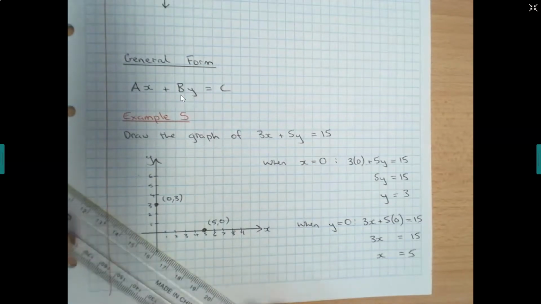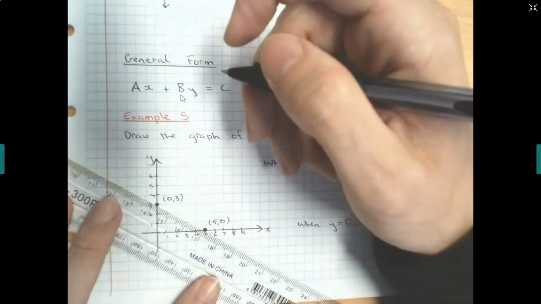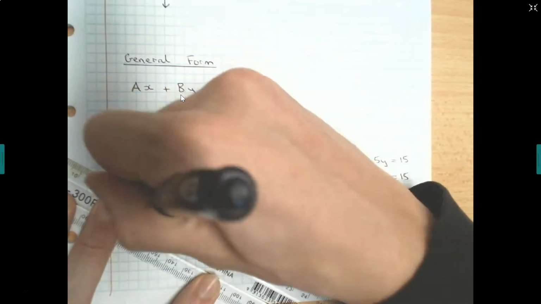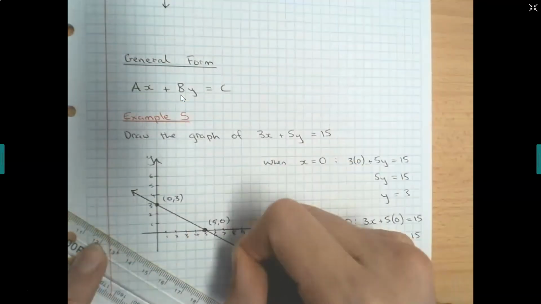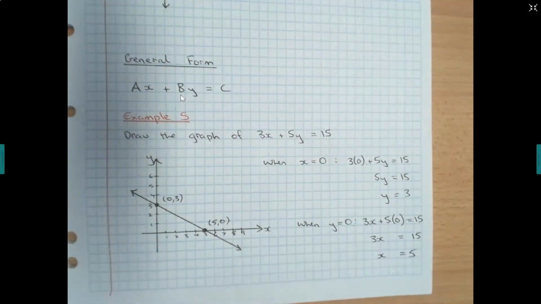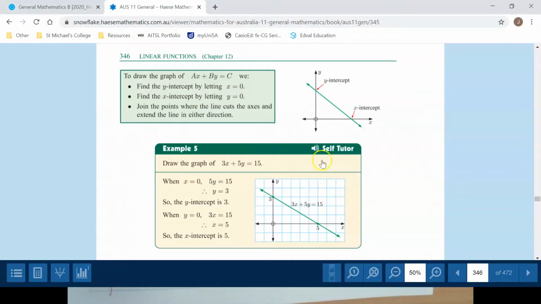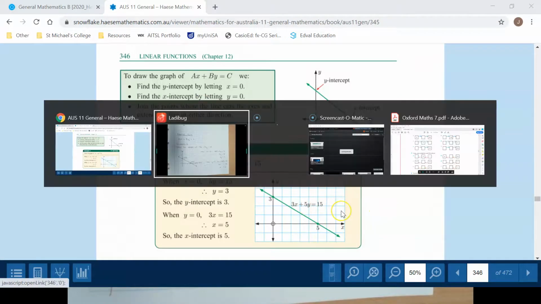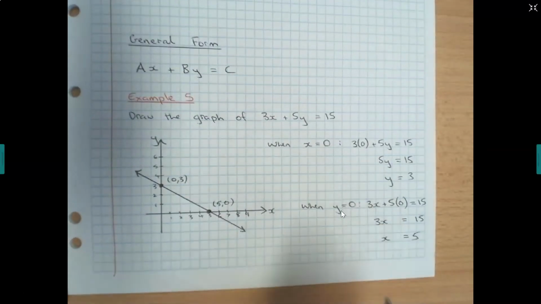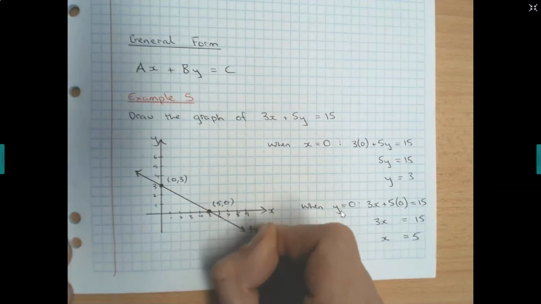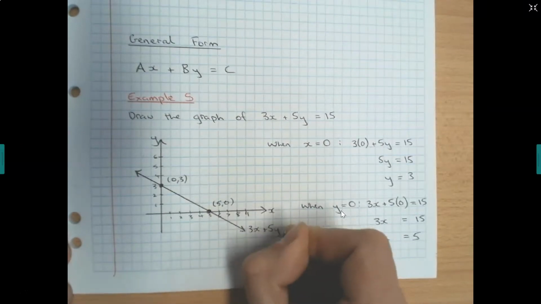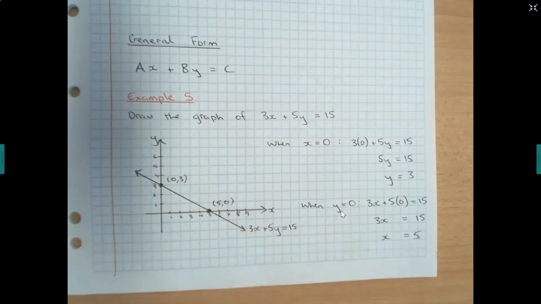Since I have those 2 points, I can now join them together to form this equation, this line. And again, make sure that you write the equation of the line next to it. So I might write down here 3x plus 5y is equal to 15.